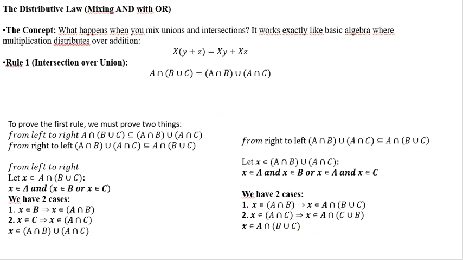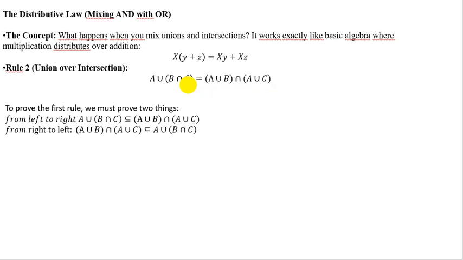So whenever you see this, you can convert it to this, or whenever you see this, you convert it to this. Now let's see the second rule, which is the union over the intersection.